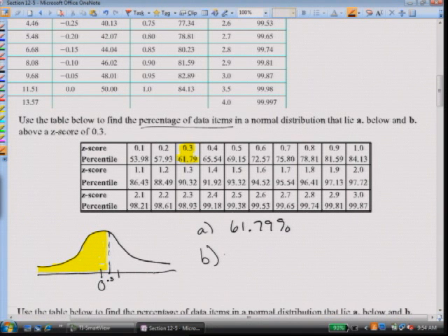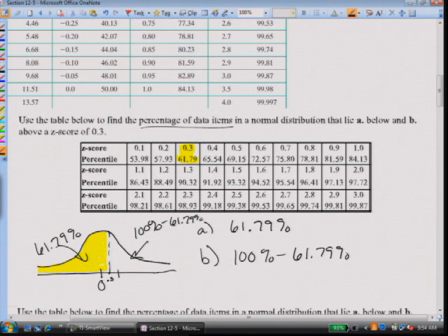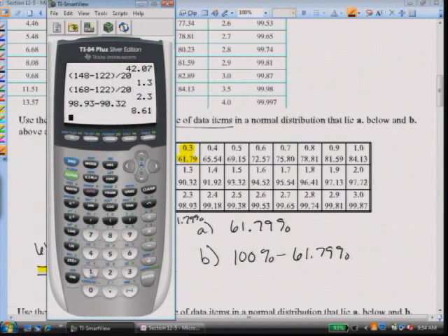If you want to go to the right, remember underneath the curve, the whole thing is how much? 100%. So the area to the right is going to be 100% minus 61.79%. So if you know from the table the area to the left is 61.79% of the model, this is just going to be 100% minus 61.79%, which you can type in your calculator.